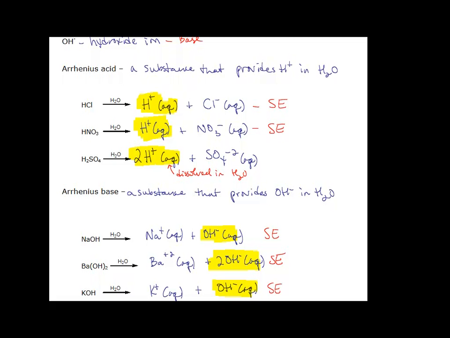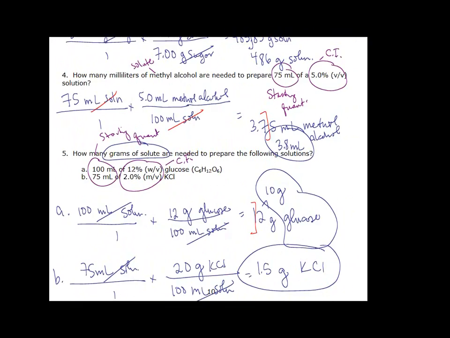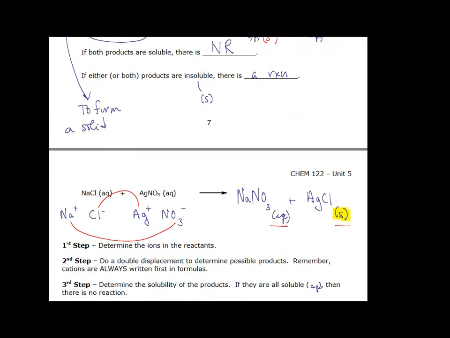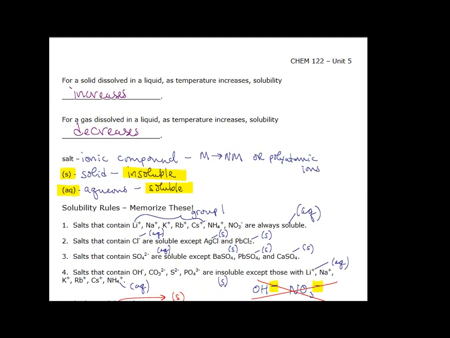While I am thinking about solubility rules, before we go on with acids and bases, I want to go back to your rules. So let's go to page 6. I want to add an ion to solubility rule number 1.